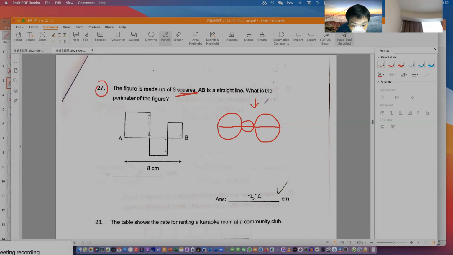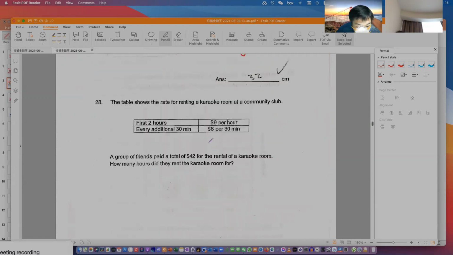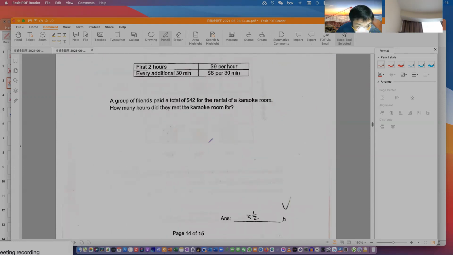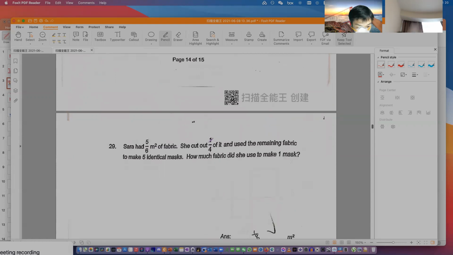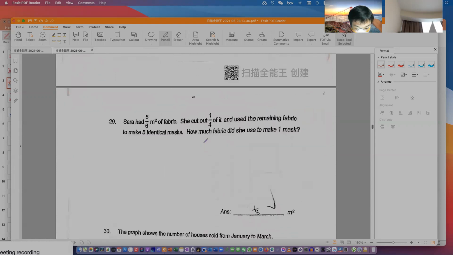If they ask for the perimeter, and it can be an equilateral triangle. You know how to solve, right? Yes. Okay, so I'm not going to talk about this question anymore. It's a very similar question.